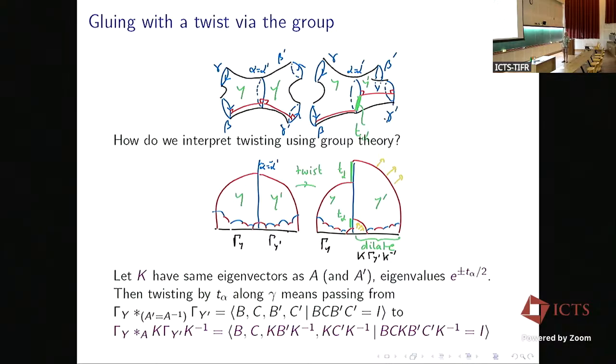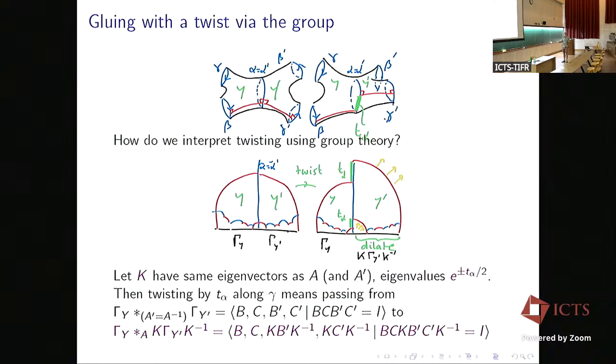Now I want to translate the y prime by a distance T alpha along this geodesic while fixing y. So what does translating a distance T alpha along here mean?